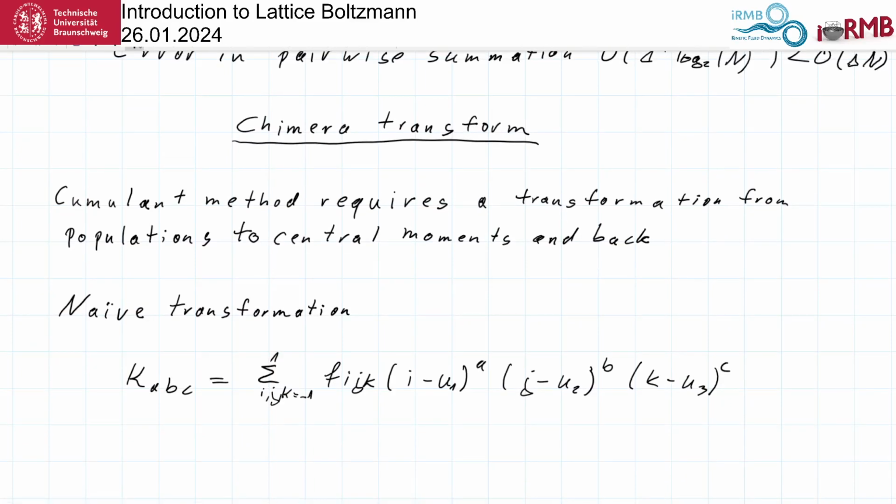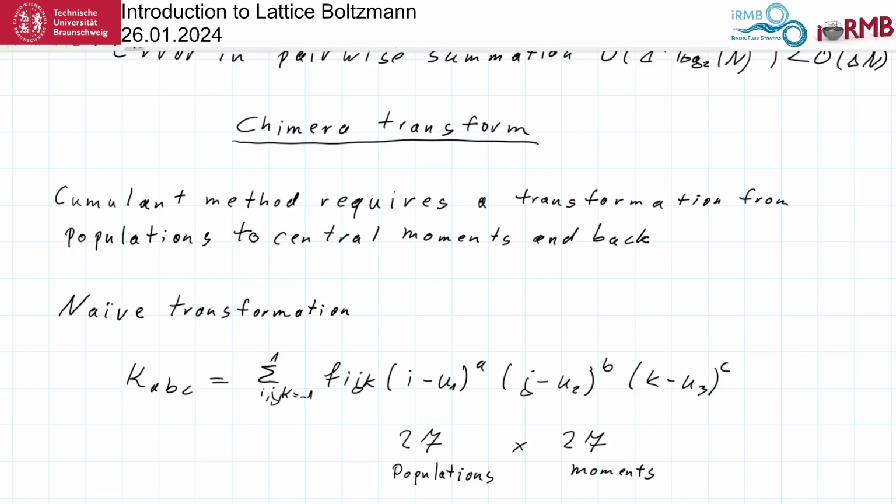So now we have to compute 27 of these moments, right? And we have 27 populations, so 27 populations times 27 moments that we have to compute. So this is the expensive step in the algorithm, right? Yeah, the collision and so on is not so, but you get in with 27 distributions.